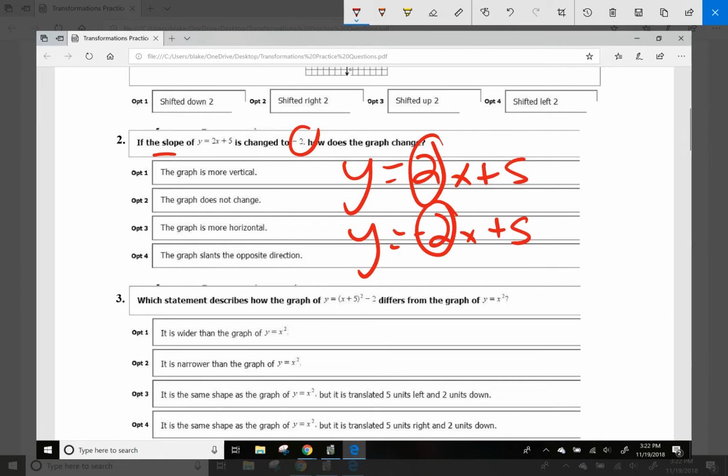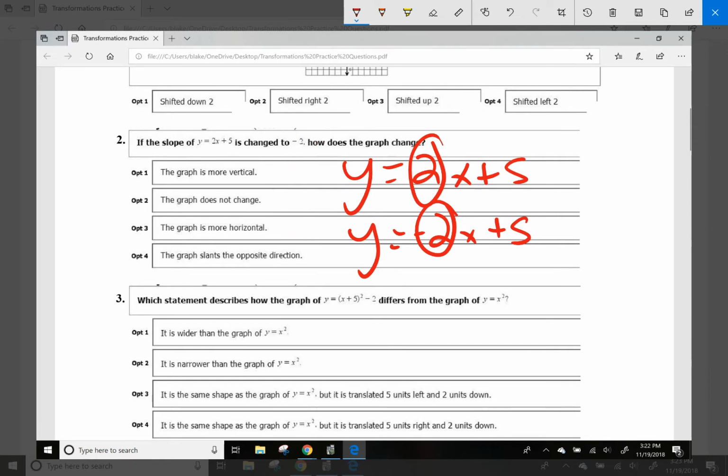Your slope, originally going up 2 over 1, which would look like this, is now going down 2 over 1, which means it would look like this. On a graph, that would appear as if the graph slants the opposite direction. It's not more vertical, and it's not more horizontal. It is the fact that it goes the opposite way.